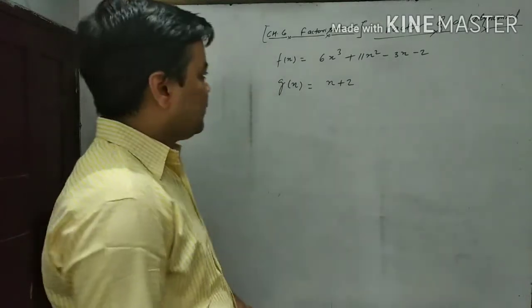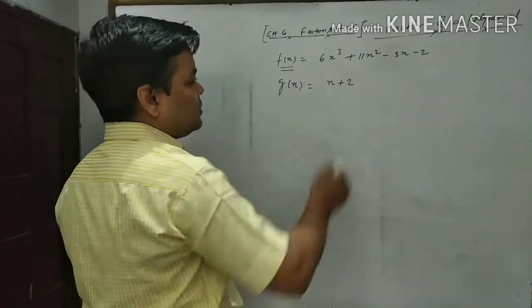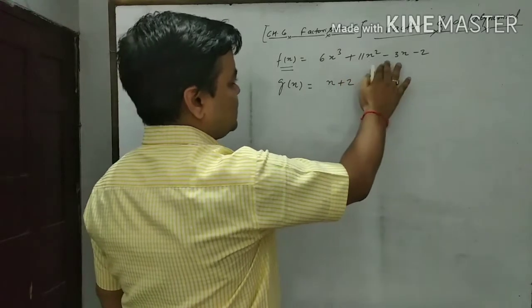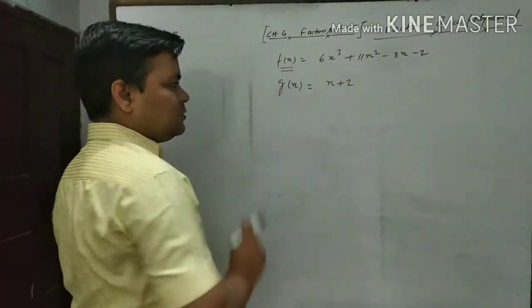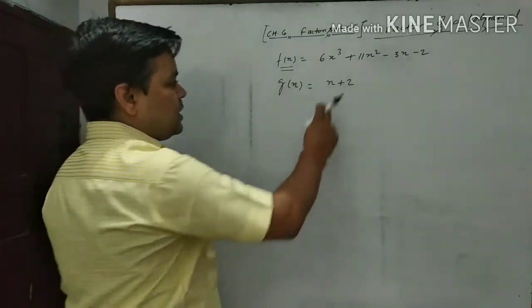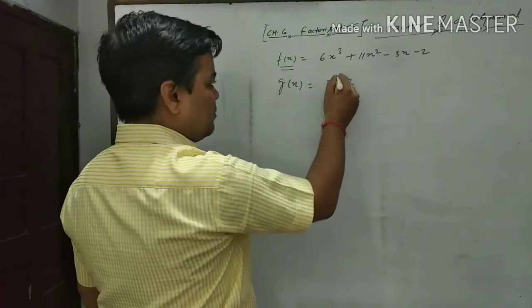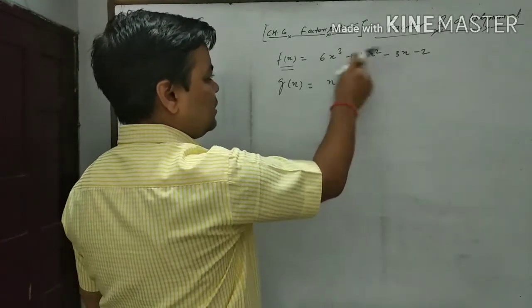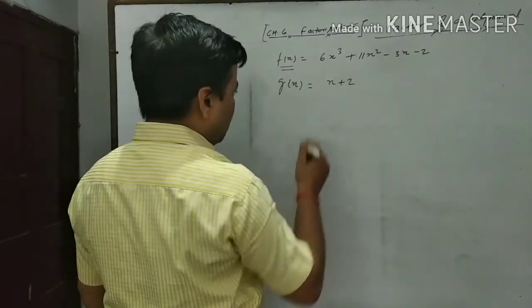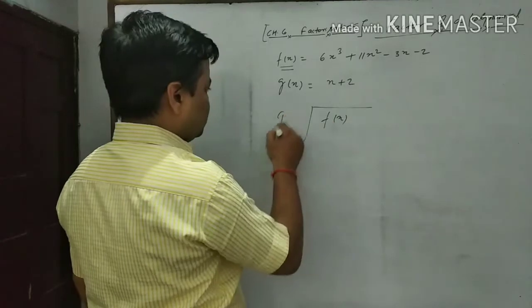Here we have a polynomial f(x) equal to 6x cube plus 11x square minus 3x minus 2, and this is divided by the polynomial g(x), which is x plus 2. This is a linear polynomial because the maximum power of the variable x is 1, and this is a cubic polynomial. Now I want to divide f(x) by g(x).